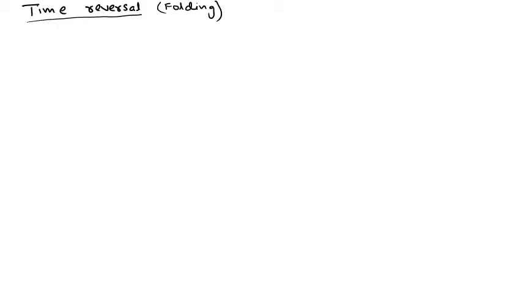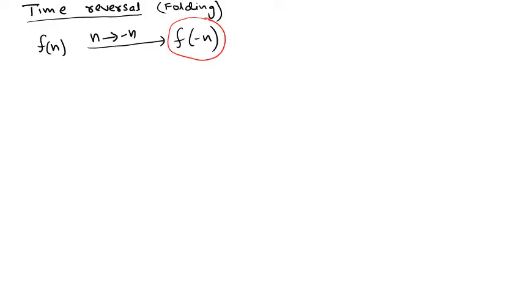Suppose you have a signal f of n, and here if n is replaced with minus n, we'll be getting f of minus n. So what we can say is that this f of minus n is the folded version or time reversal of this f of n. Let's understand this with an example.